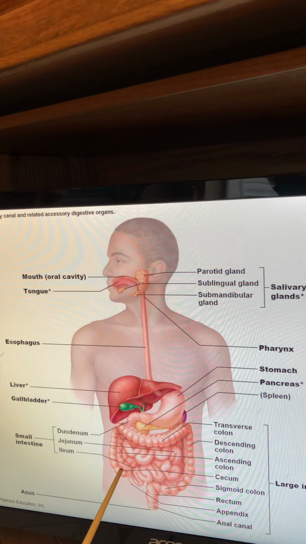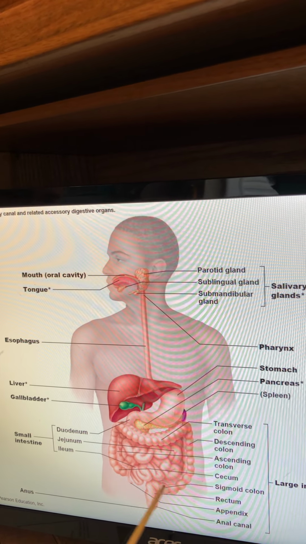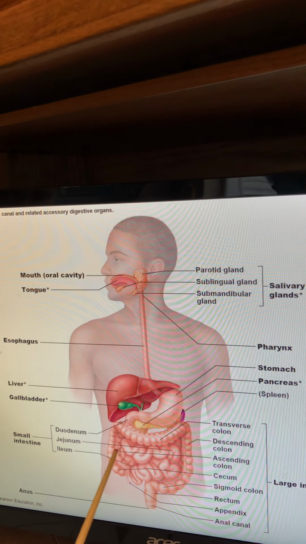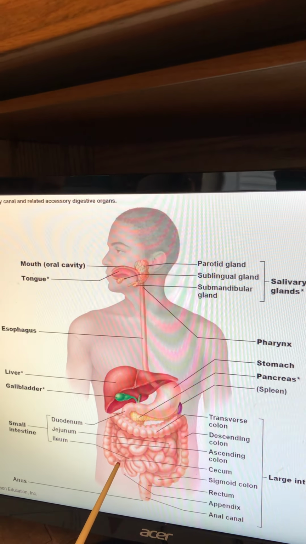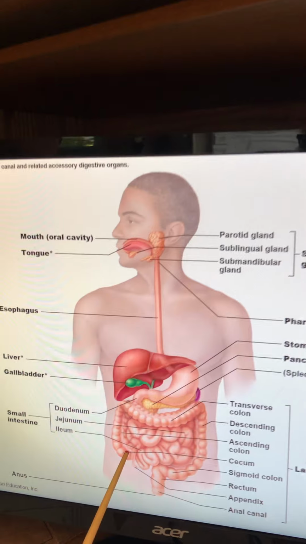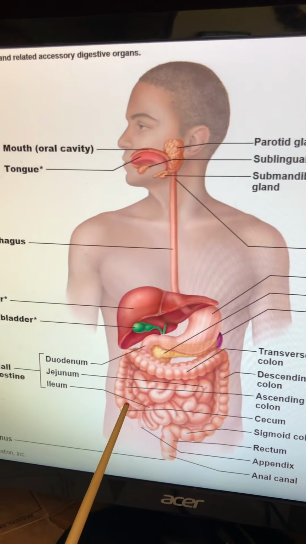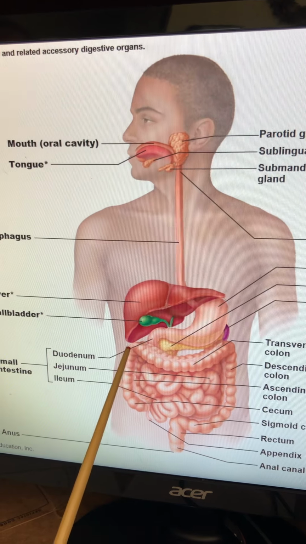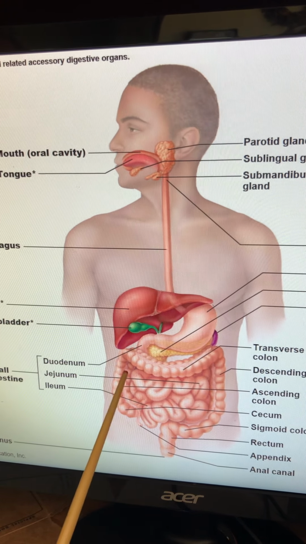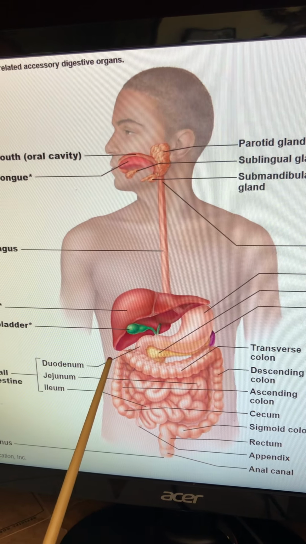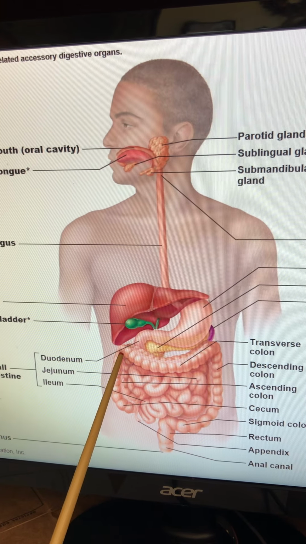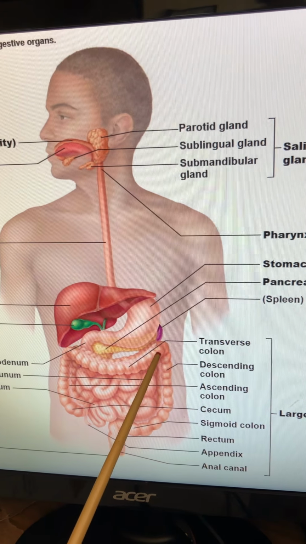And then we're going to go into this thing that makes a picture frame around all of your small intestines. It's going to start with the cecum. This is the large intestine, and then it was named according to what it does. From there, it's going to go up. That's called the ascending colon. Then we're going to make a bend here at the liver. That's going to then go across country from one side to the other.